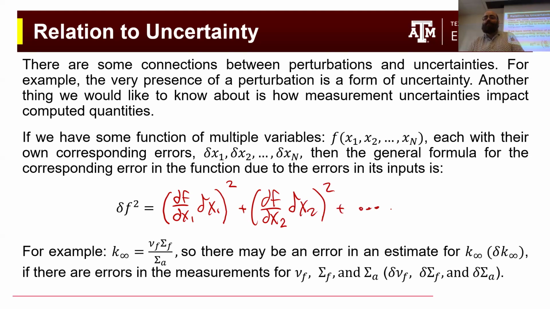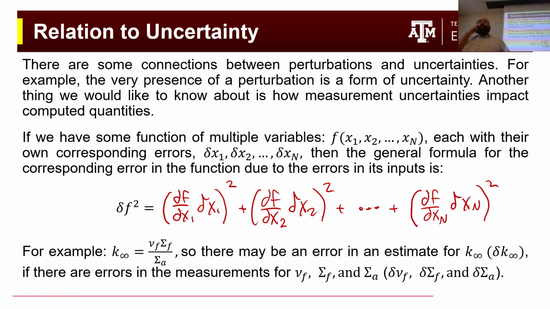And I'm just going to have a bunch of these terms for however many input variables have uncertainty. So I could have up to n terms. This would be df dxn times the uncertainty in xn, and that whole thing is squared.